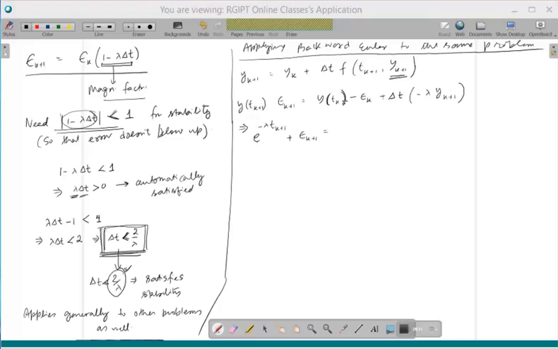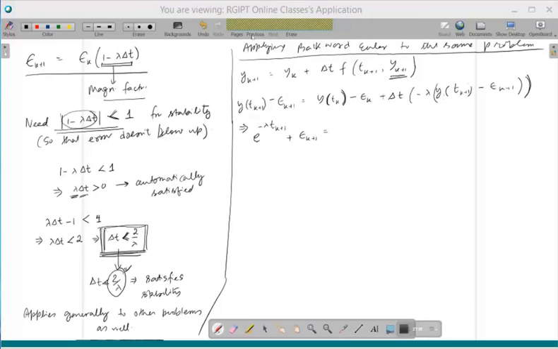So let me correct this. y k plus 1 is like y t k plus 1 minus epsilon k plus 1, and here it is minus.